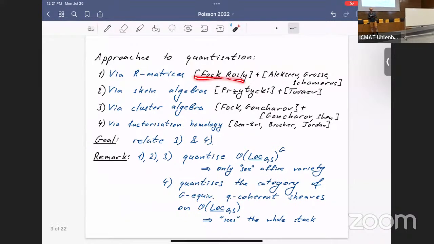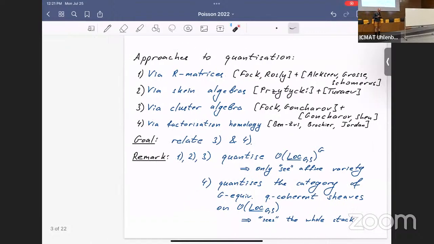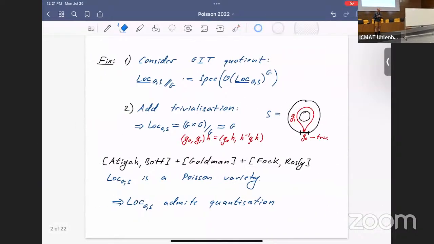So what is this thing about? Well, you can really replace your surface with a fat graph and just look at connections on the fat graph or local systems on the fat graph. And you can then try to write some Poisson relations between matrix coefficients or traces of these monodromies. And what Fock and Rosly showed is that these relations are given by some classical R-matrices.